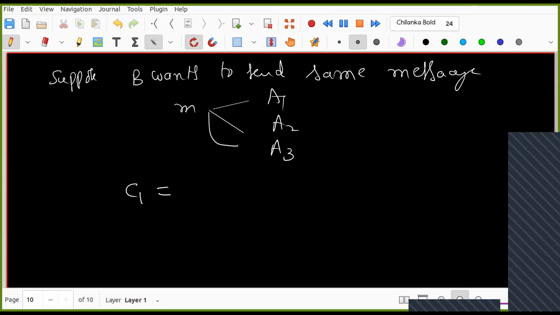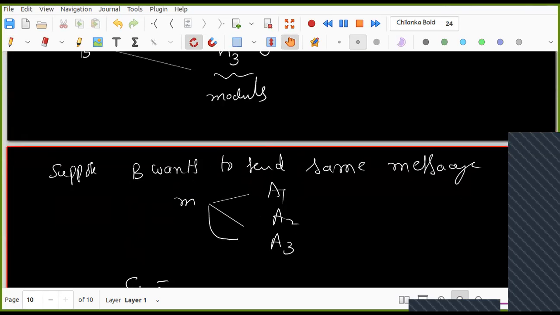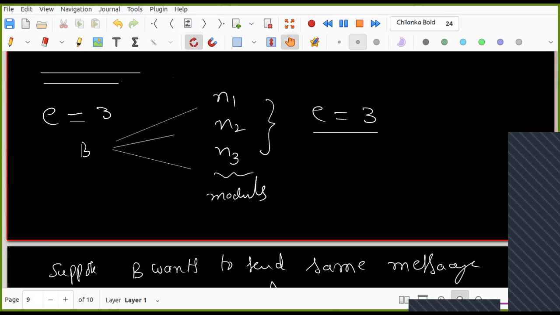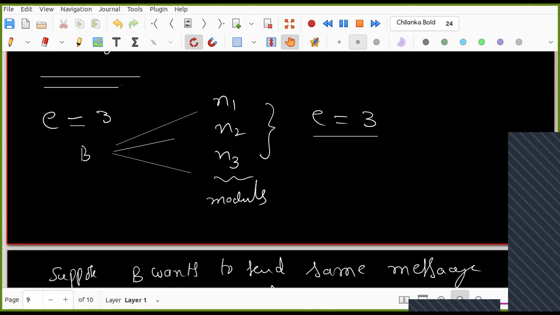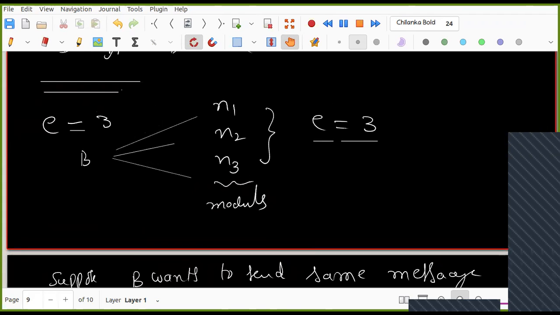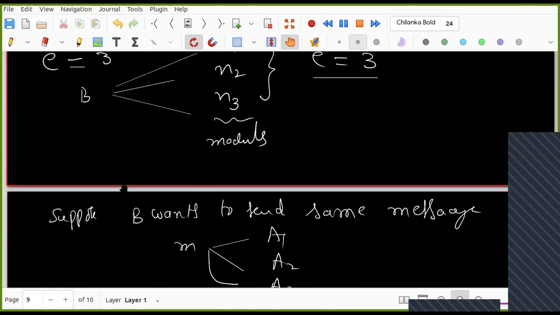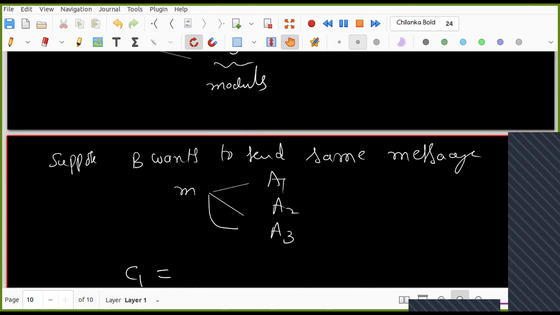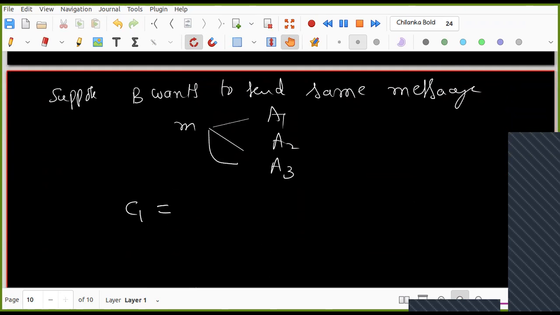A1's public key is N1 comma E. A2's public key is N2 comma E. A3's public key is N3 comma E. So B wants to send a message M to A1, A2, A3. So what is C1 value?